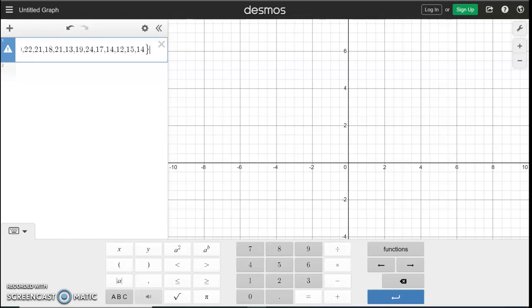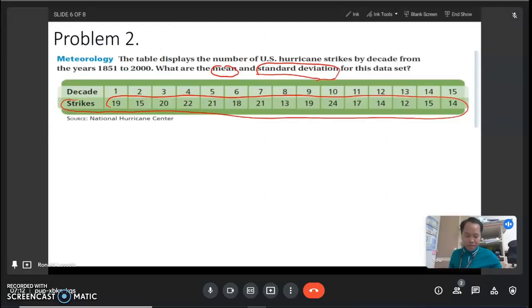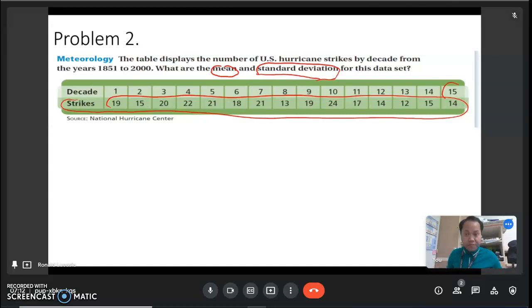There must be 15 data because we have 15 decades.